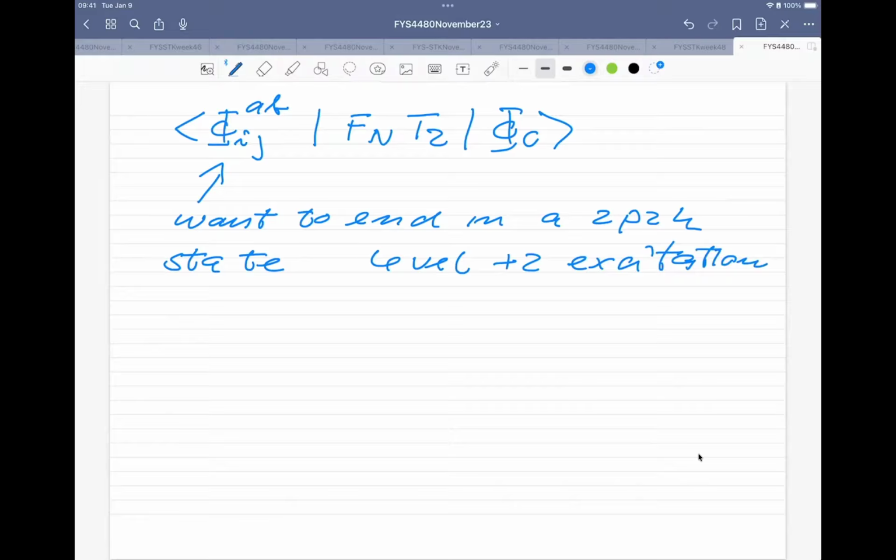So if we now look at phi_0, this is a level 0 because it's a zero-particle, zero-hole. So what I have then, when I bring pieces together, is that I now have a T2 amplitude. So this is my T2 in the equation.